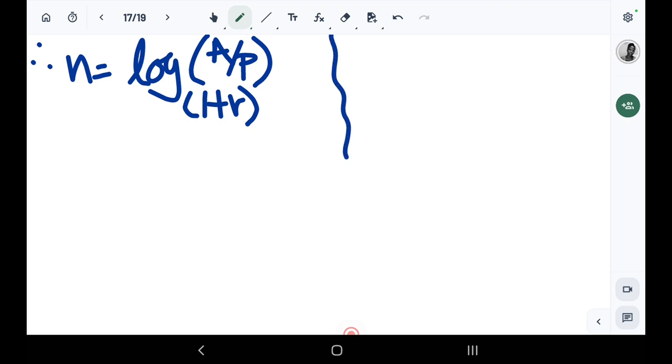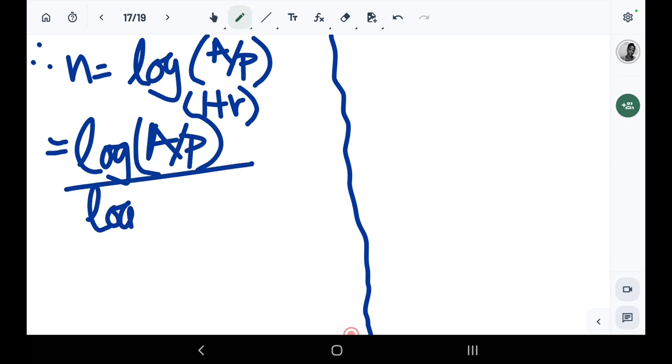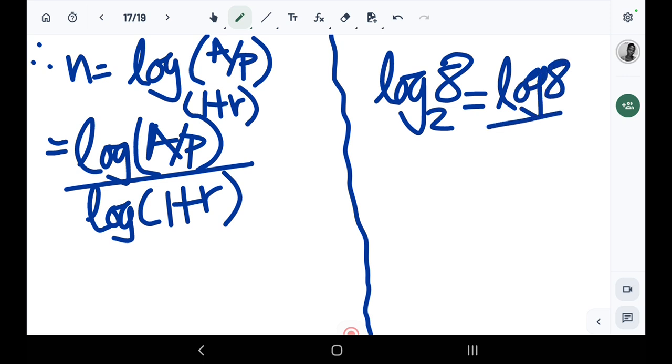And we know that that equals the log of A over P over the log of 1 plus R. That's how we calculate a logarithm. To calculate, for example, the log of the number 8 to the base 2, you simply calculate the log of 8 over the log of 2.